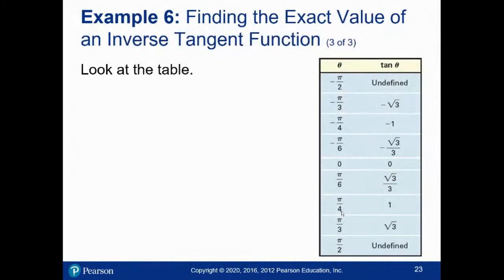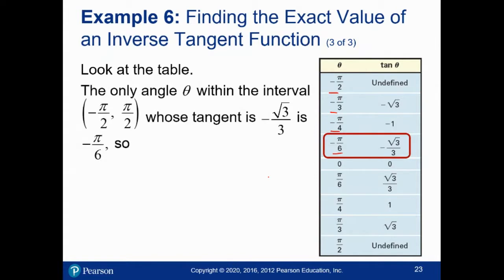So if we look at the table of reference values of tangent, remember our standard values that we can compute trig functions for exactly are at pi over 2, 3, 4, and 6, plus or minus, and then rotated and shifted around the circle. So here are our standard values. And we find that at negative pi over 6, the tangent is minus root 3 over 3. So that's the arctangent of negative root 3 over 3. It's minus pi over 6.